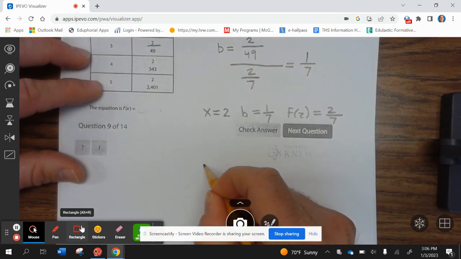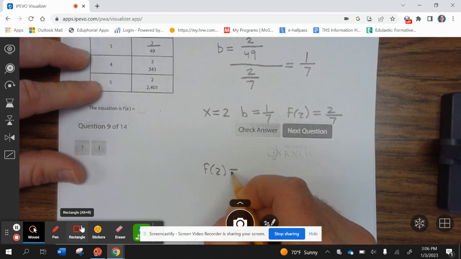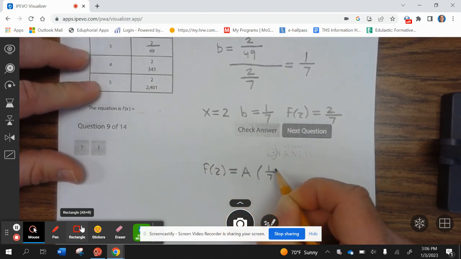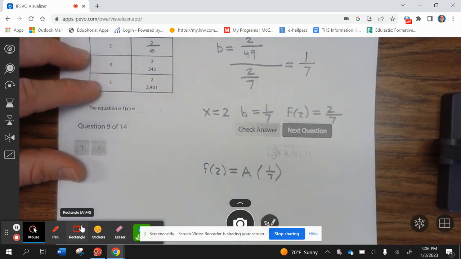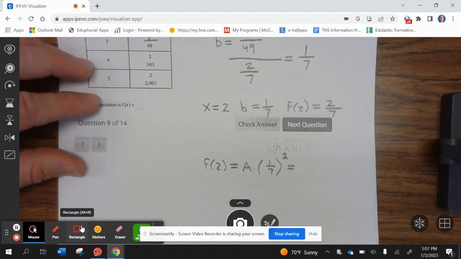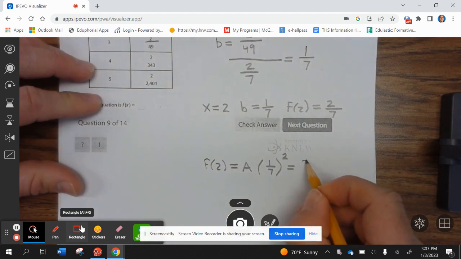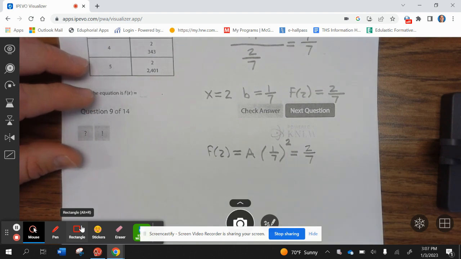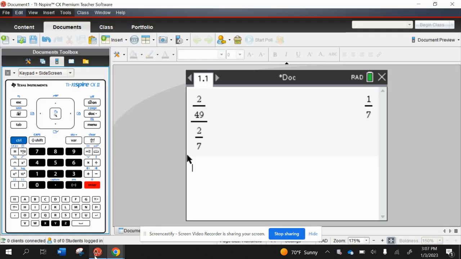So f of 2 equals, we don't know a, parentheses b is 1 divided by 7, to the second power equals 2/7. Okay, well, let's put 1/7 in our calculator.